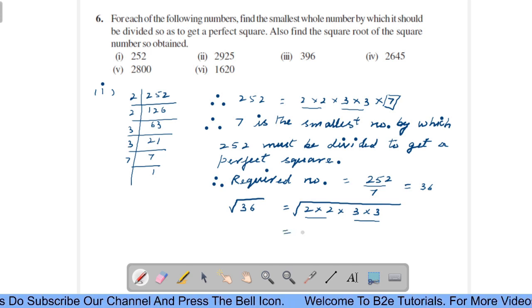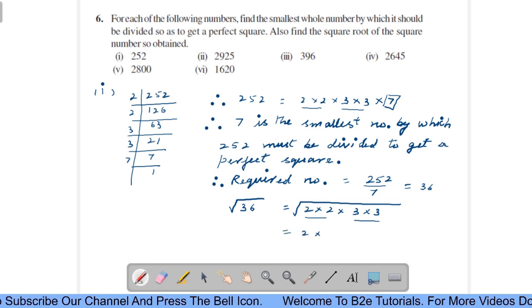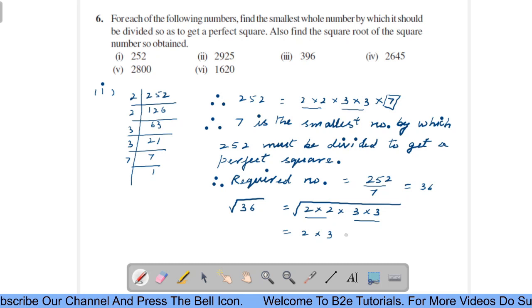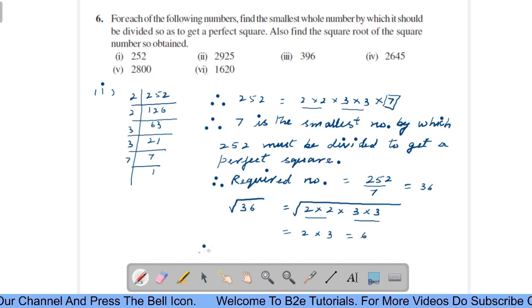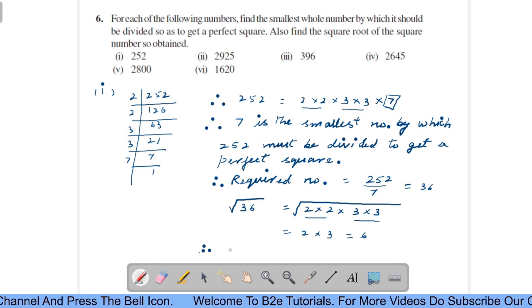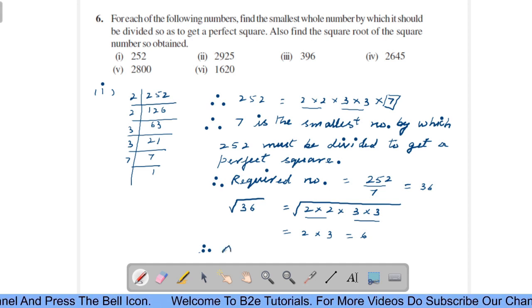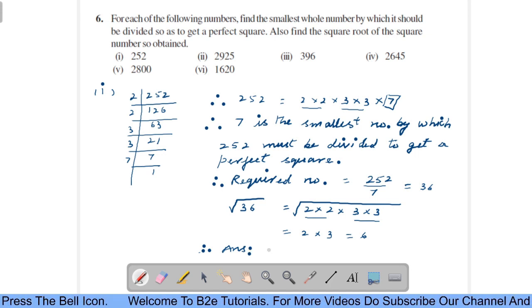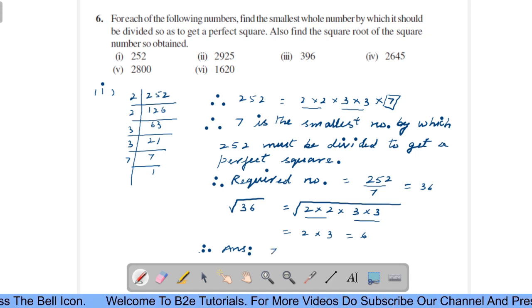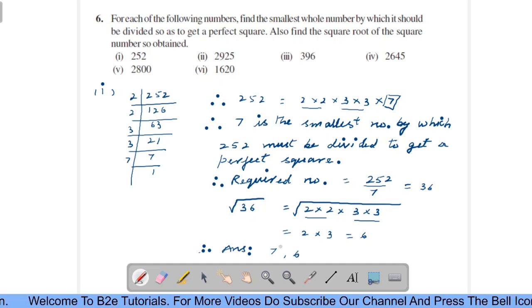You will get 2 into 3, that is 6. Therefore your answer is 7 and 6. Now come to next part.